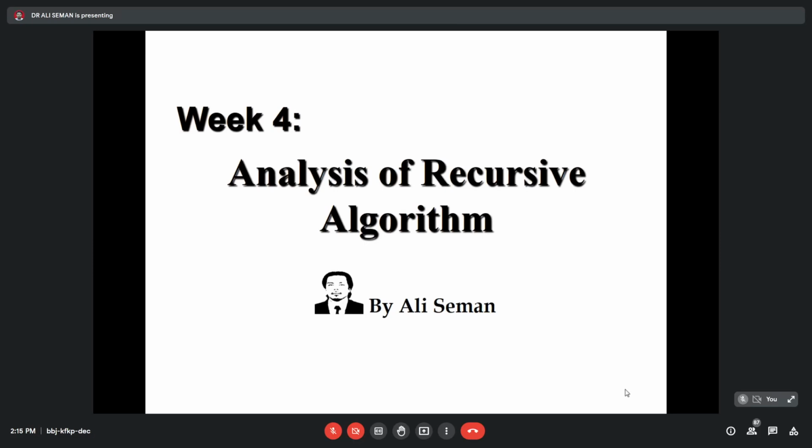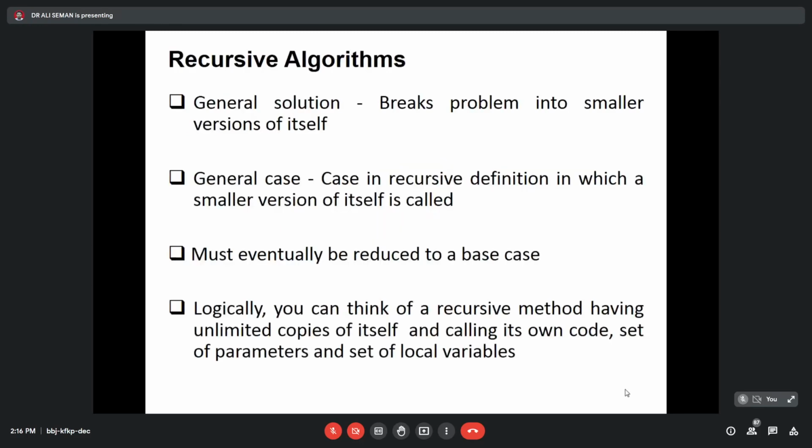Even though some of the concepts are basically the same, maybe when we use again the summation, the log, and so on and so forth from the mathematical perspective, the analysis for recursive is basically different from what we did for the non-recursive algorithm. That's why you need to have this topic so that we can discuss, and I will guide you on how to do the analysis for the recursive algorithm.